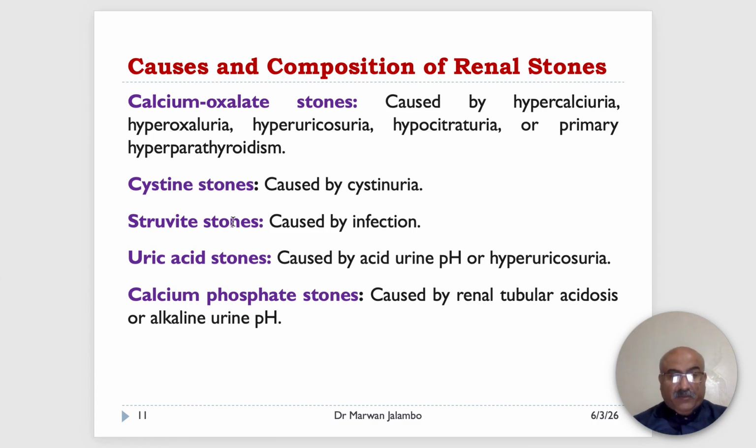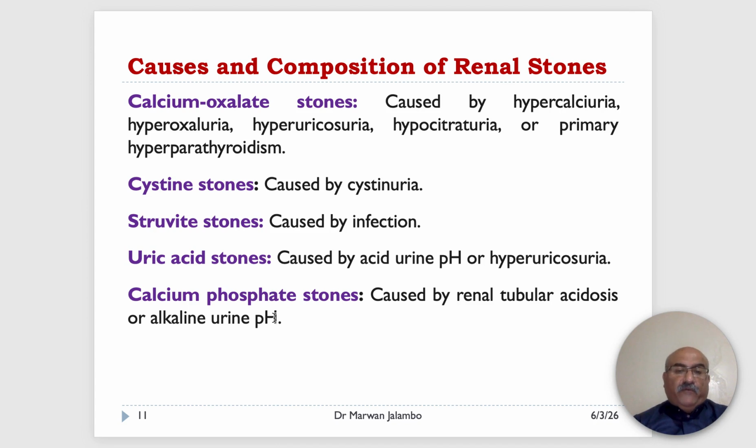Struvite stones uniquely form as a result of urinary infection, while uric acid stones are driven by hyperuricosuria or an overly acidic pH.